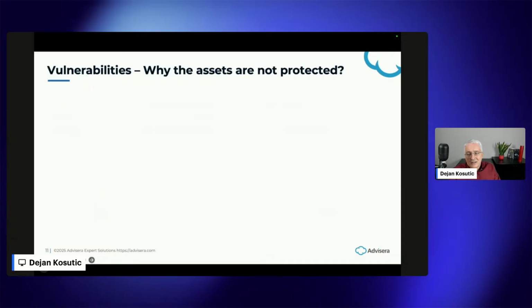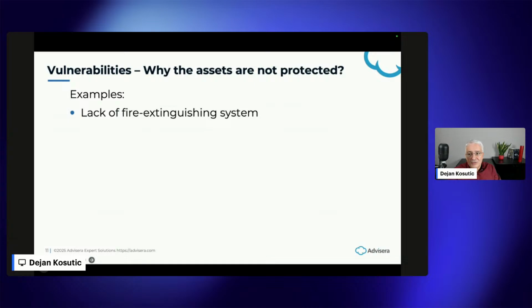Okay, and then the next step is that you find out vulnerabilities. Just before I go into examples, to explain what a vulnerability is: basically a vulnerability is something that enables a problem to happen. A vulnerability is a characteristic of an asset that enables the problem or risk to materialize.